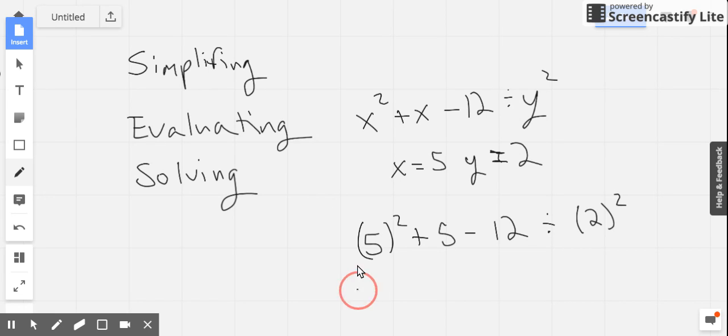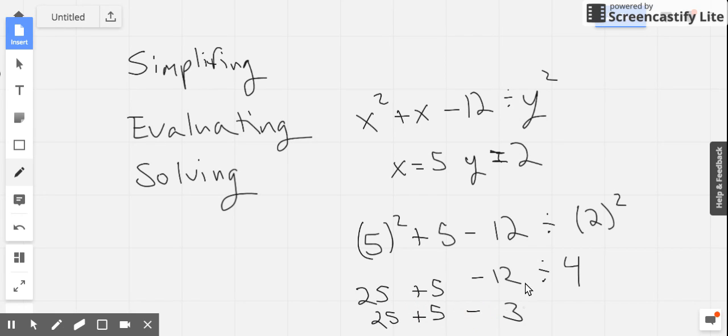So 5 squared is 25 plus 5 minus 12 divided by 2 squared is 4. Now here I have addition and subtraction, but here I have division. And if we remember our PEMDAS, the division has to come first. 12 divided by 4 is 3. So I have 25 plus 5 minus 3. 25 plus 5 is 30.